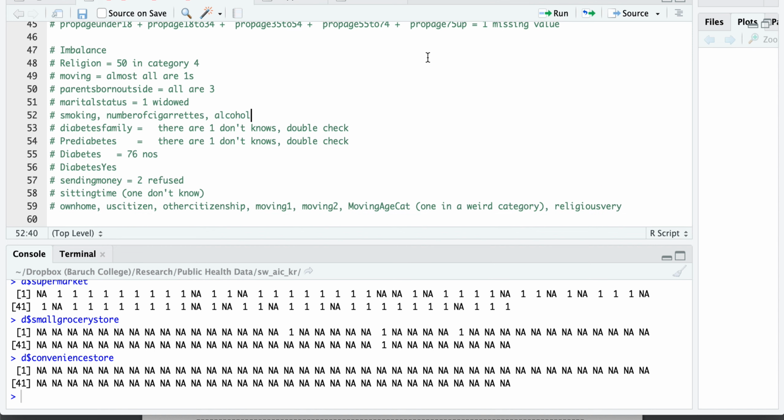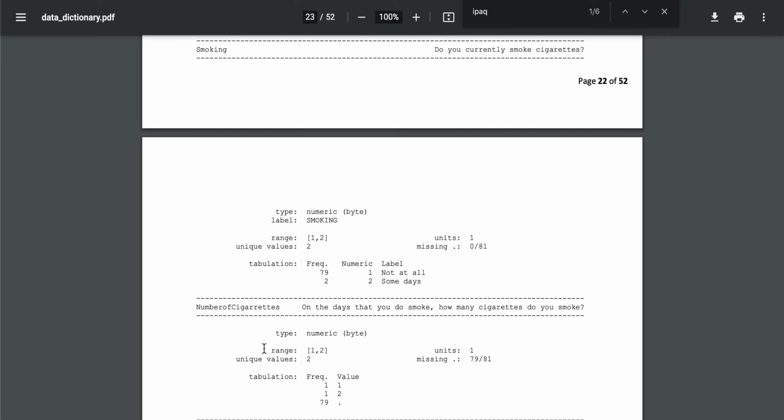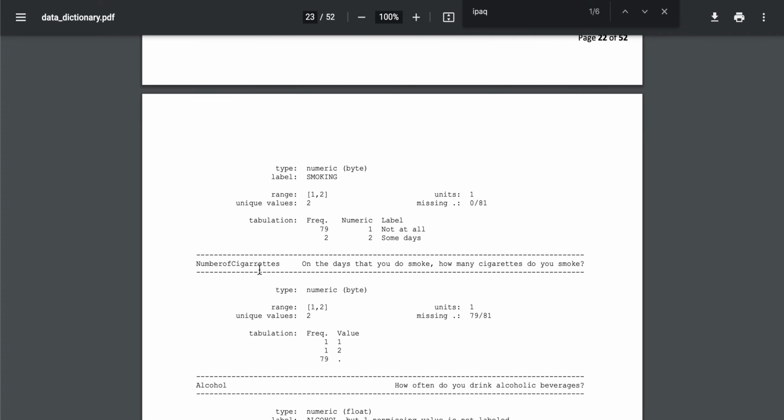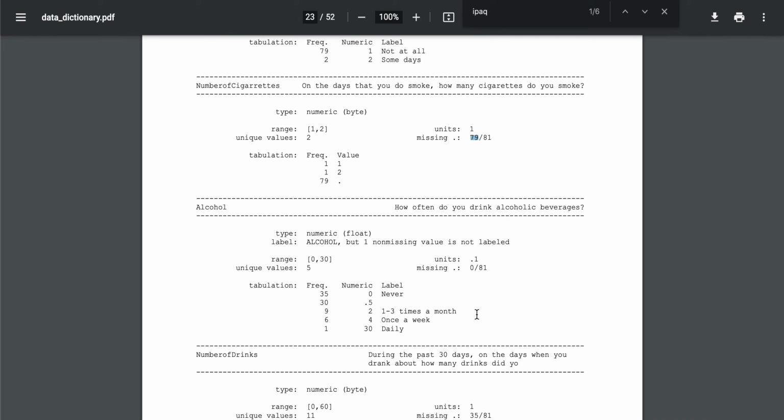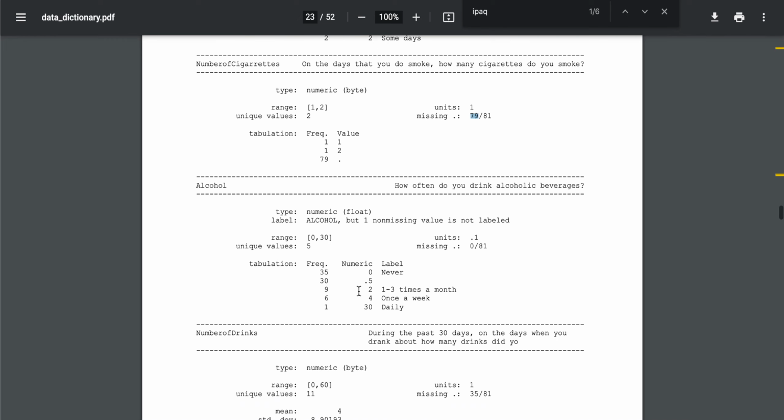I'm just trying to keep it in the same order. Number of cigarettes, 79 missing. Alcohol, 35 said never. Half. So I don't know. It's numerical.